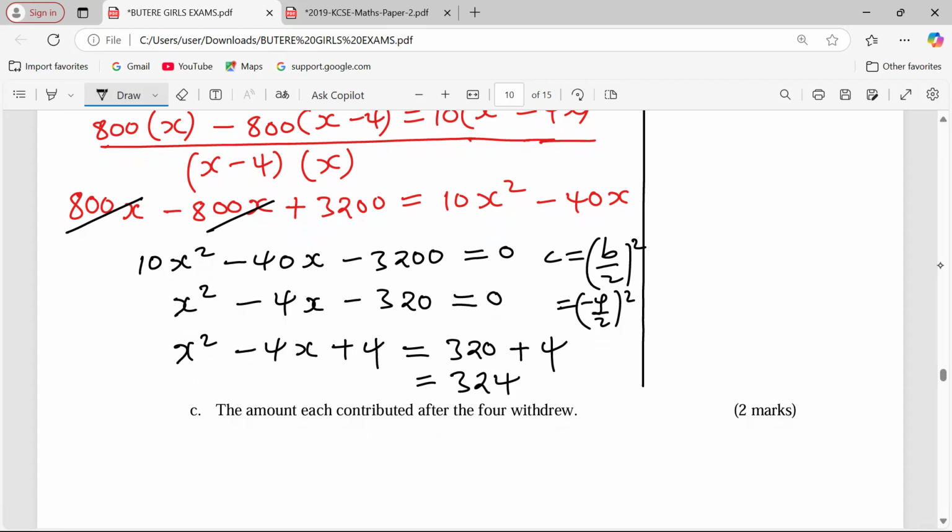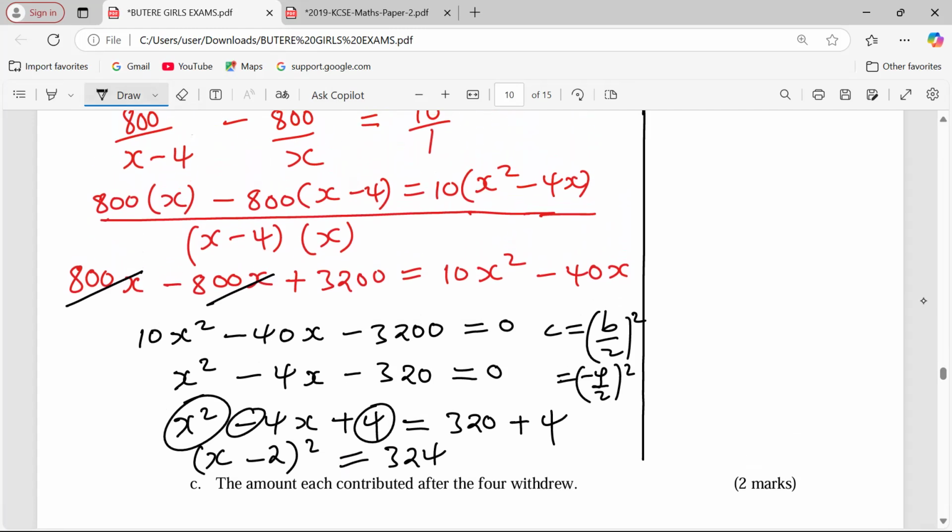So on the left, we can factorize. To factorize a perfect square, we take the square root of the first term, the sign that follows, which is a minus, and the square root of the constant, which becomes 2. So x minus 2 squared equals 324.